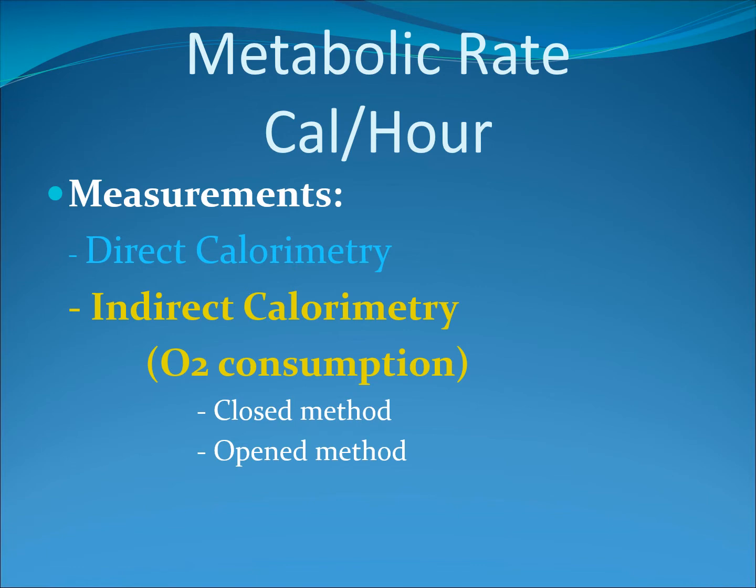The second method for measuring the metabolic rate is the indirect method. This method is based on the amount of oxygen consumed per unit time.